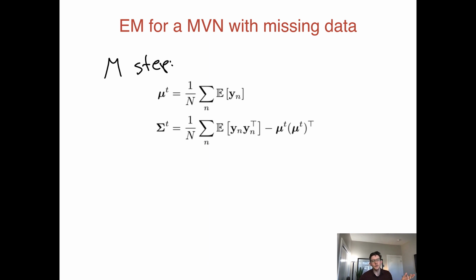That's what you'd get if you did hard EM, kind of more similar to what we do in traditional k-means clustering, which would be to just plug in the most likely value for each of the hidden ZNs, and then do our update assuming they're observed. EM this way does something a bit more principled, which is to account for the uncertainty in each value. Turns out to give you better results.